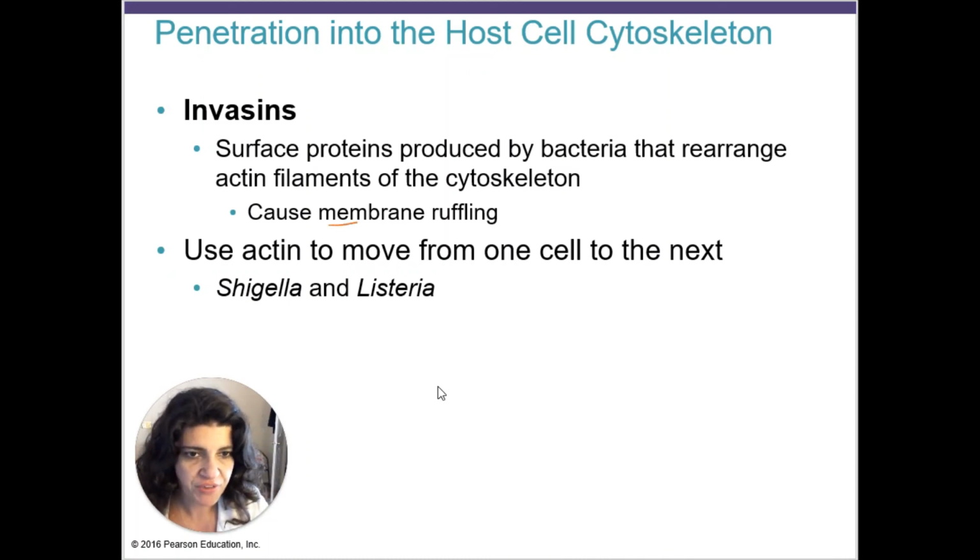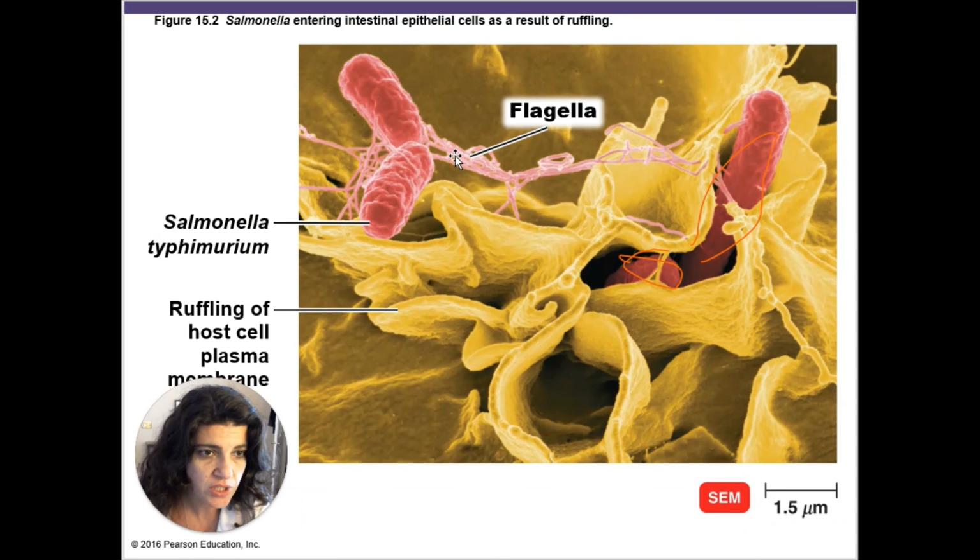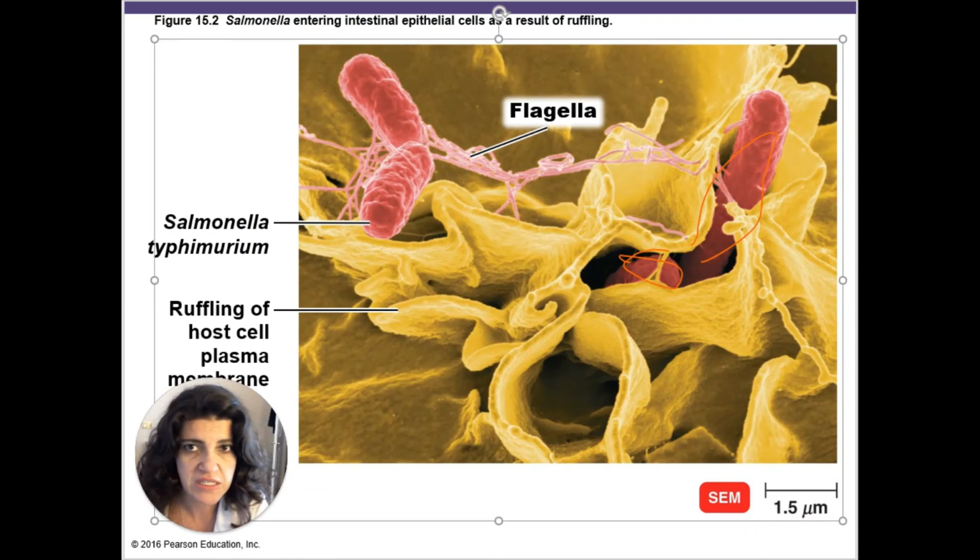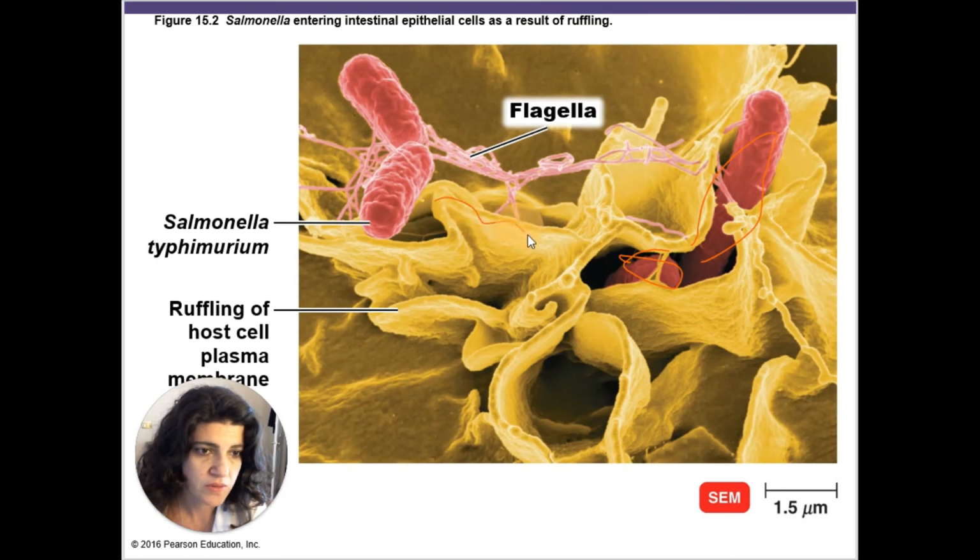Membrane ruffling is just a projection of the cytoskeleton towards where the bacteria is, manipulated by the bacteria. But this is happening in the host cell. If you look at this picture, these are the rufflings here. See? And these are the bacteria digging inside these membrane rufflings.